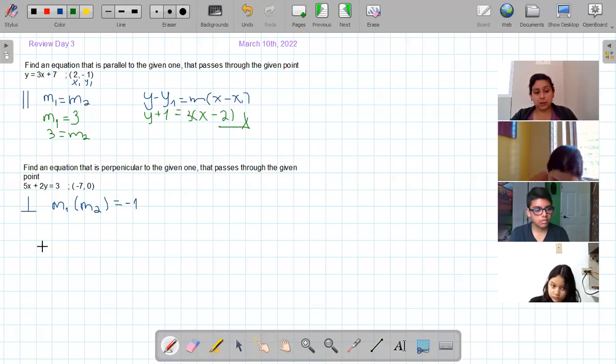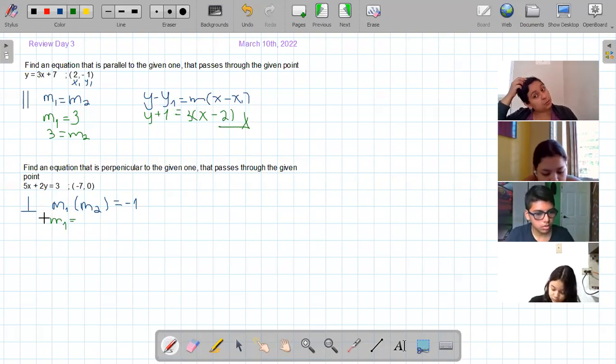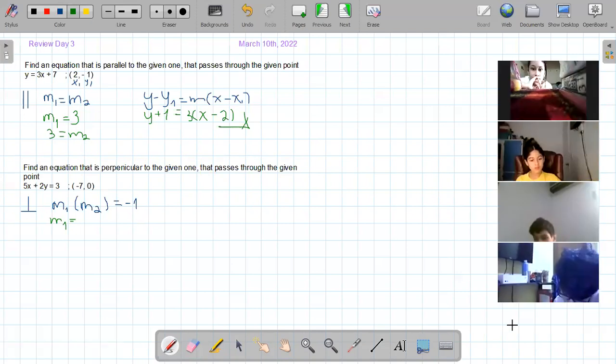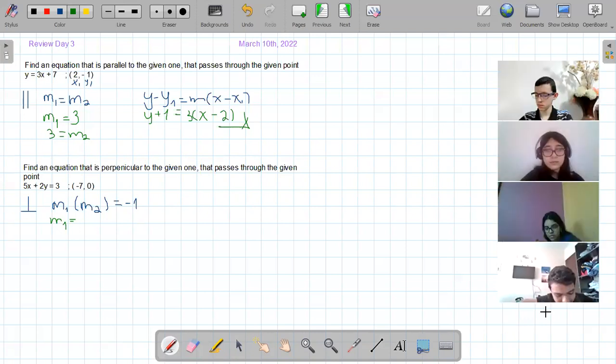Now, this is a different equation, so we need to find m1. But in what form is this equation written? Can we find the slope just like that? Or should we do something else? What should we do?